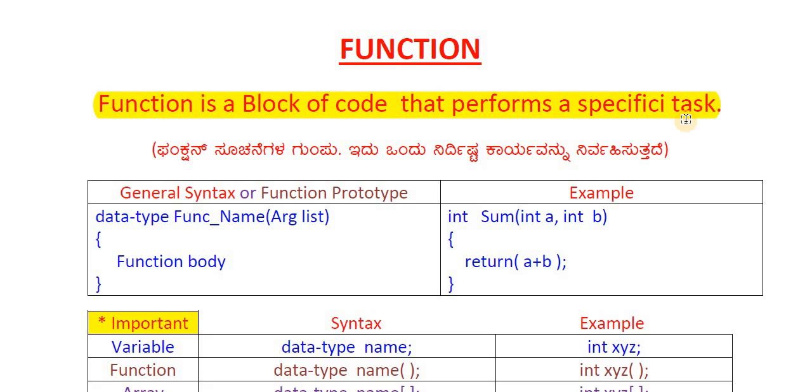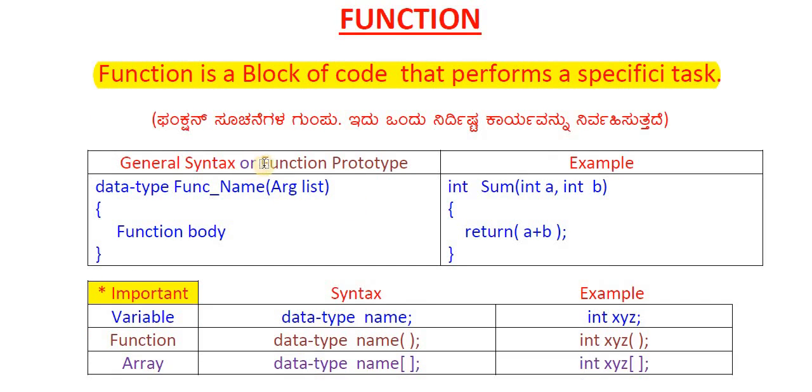Block means group, code means programming code, instructions, commands. So a function is a group of instructions that performs a specific task. Task means work. So depending upon the code, a function will perform some work.